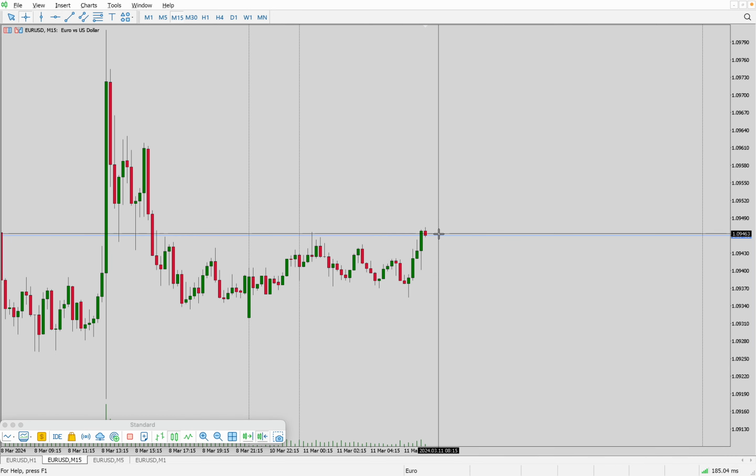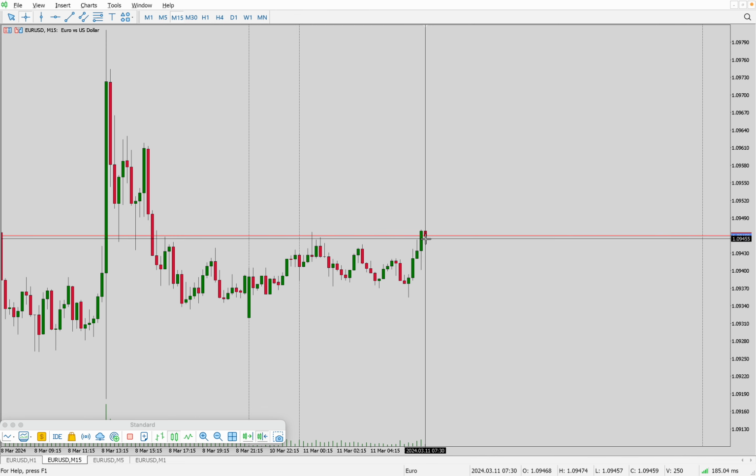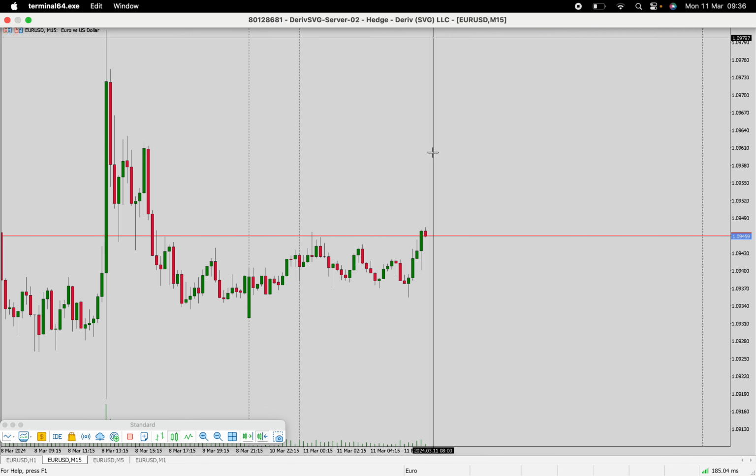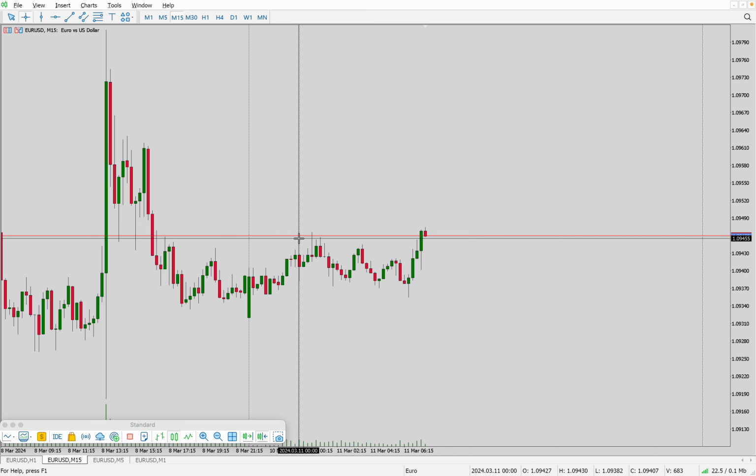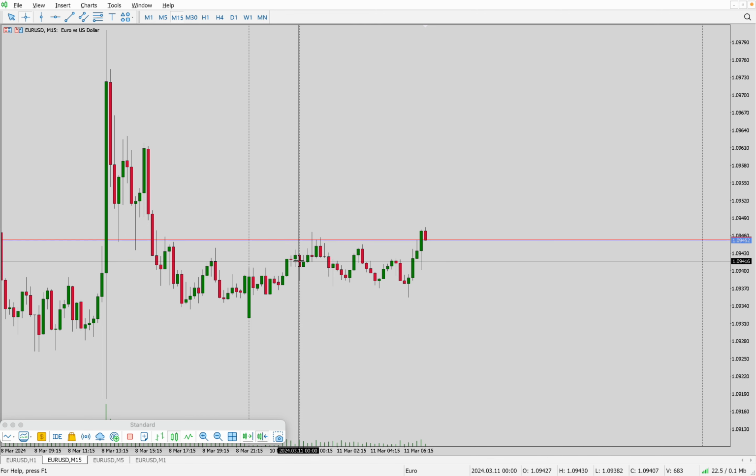Okay, let's map the dealer. The dealer's clock is currently saying 7:30, which means it's 2 hours behind. It's currently 9. So this wasn't midnight, it was around about 10 o'clock.